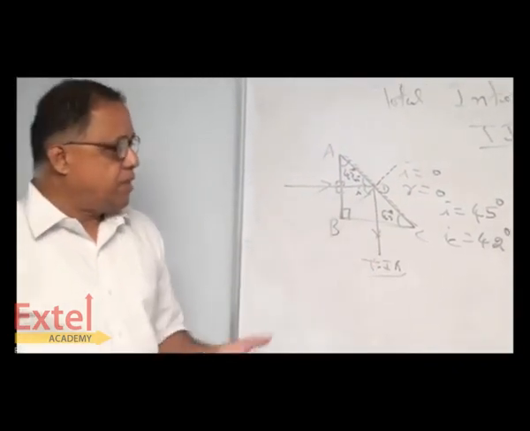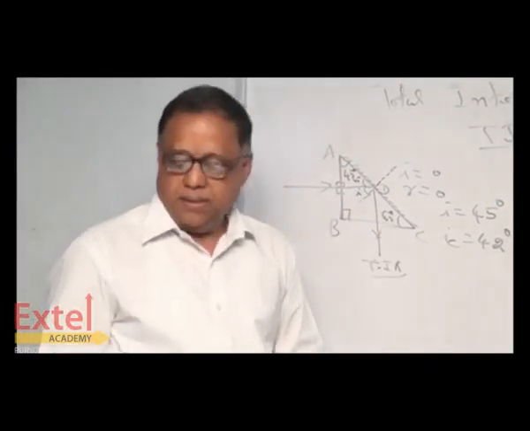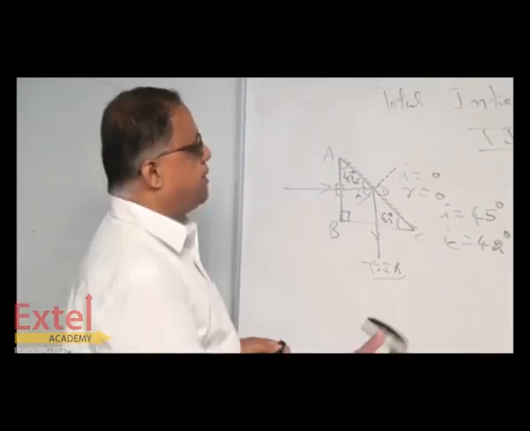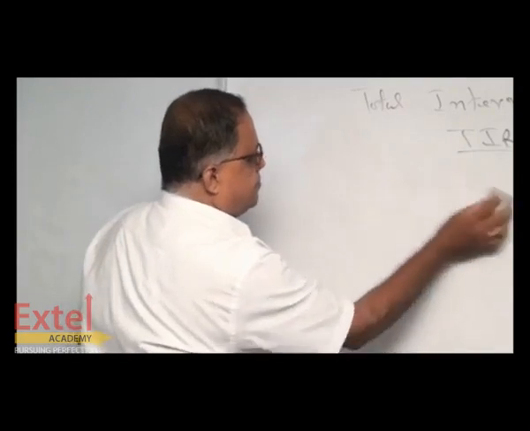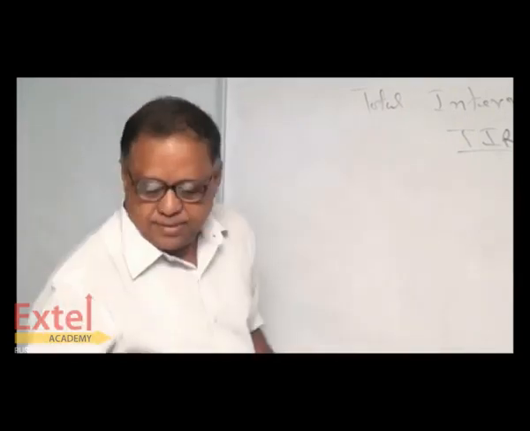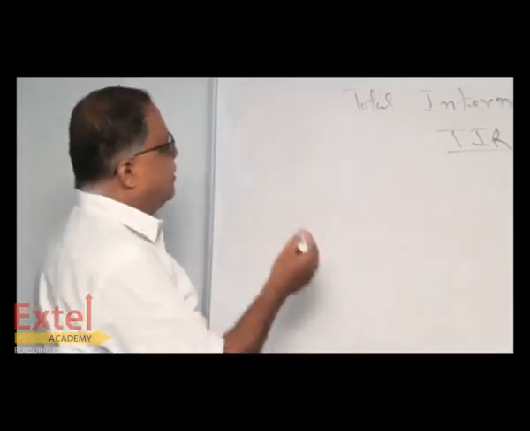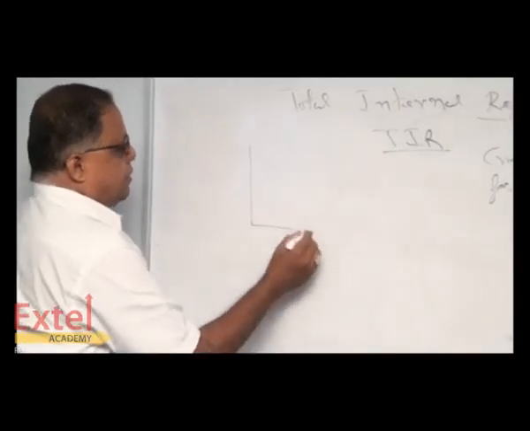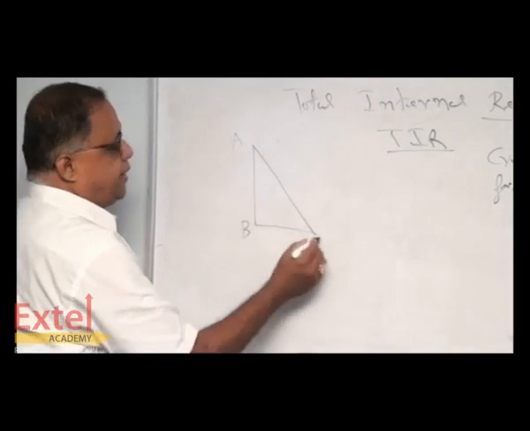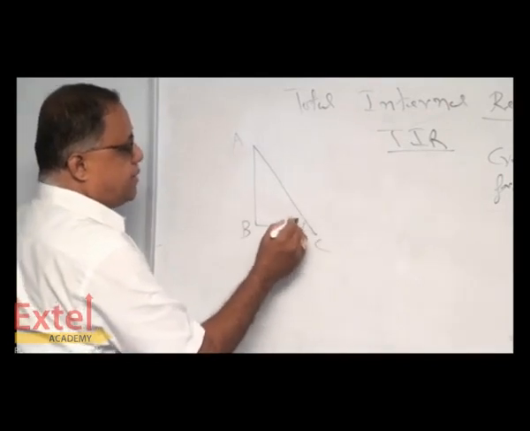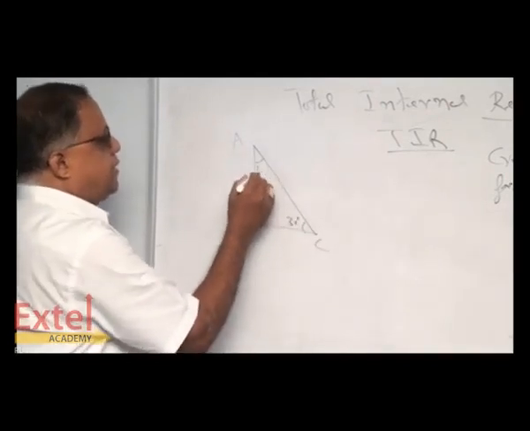The same prism we are taking in another example. Here also we are taking one right angle prism, and this angle is 30 degree and this angle is 60 degree.